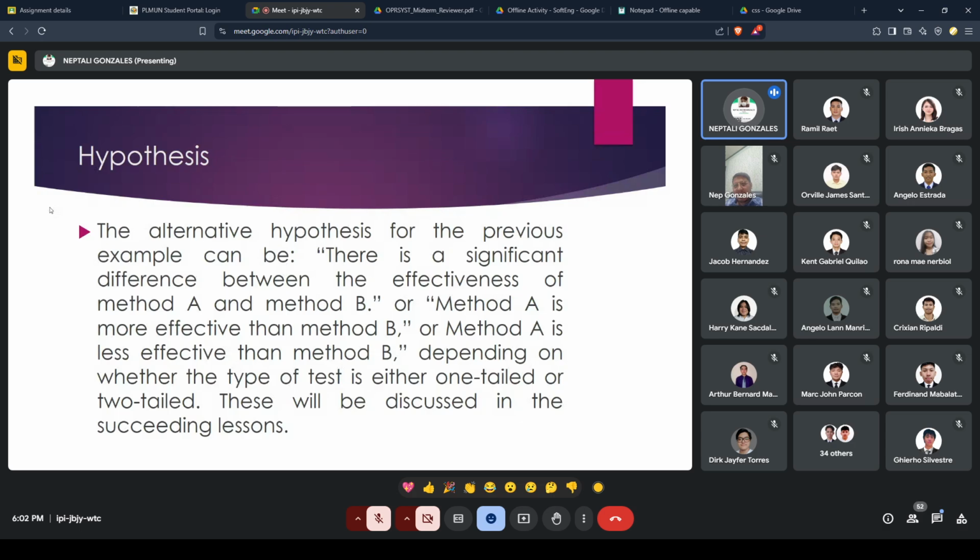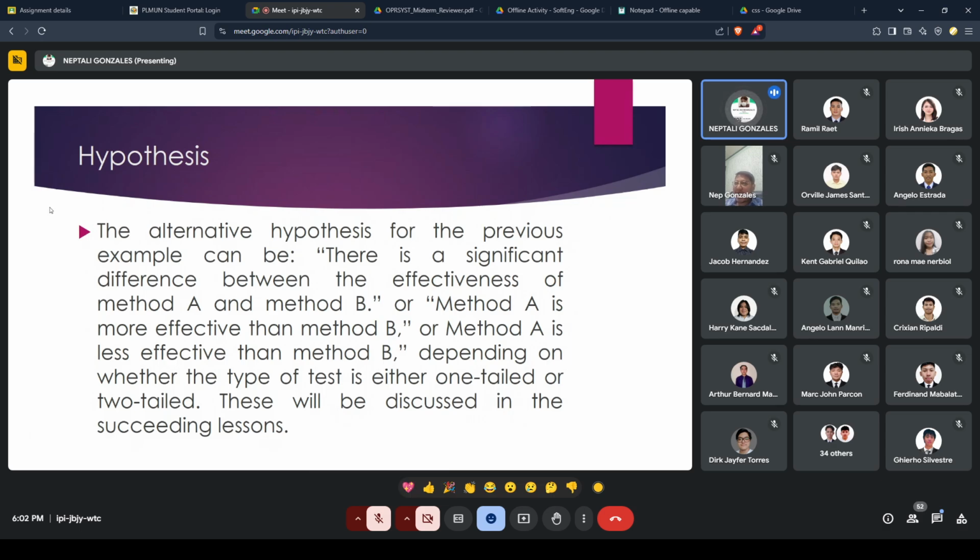So the alternative hypothesis for the previous example can be there is a significant difference between the effectiveness of method A and method B, or method A is more effective than method B, or method A is less effective than method B, depending on whether the type of test is either one-tailed or two-tailed. And this will be discussed in the succeeding lessons.